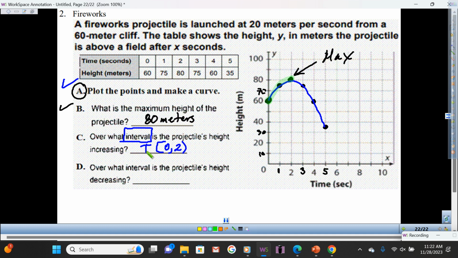Can we also give the interval for height? Yes, Mr. Q. Tell your neighbor the interval for height. What would be the interval? Anthony D, go.